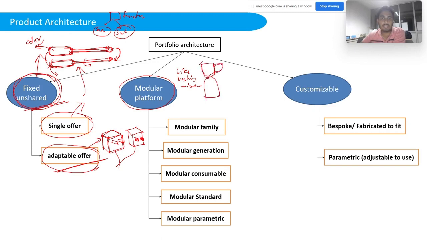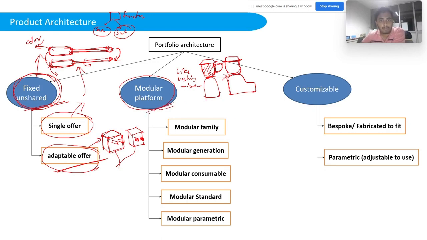In most cases, they do not redesign the top vessels again and again. They may have variations in the form, the below shape or below functionalities, but they do not vary the modality for grinding or making juice. So this is what we are discussing here as modular platforms.